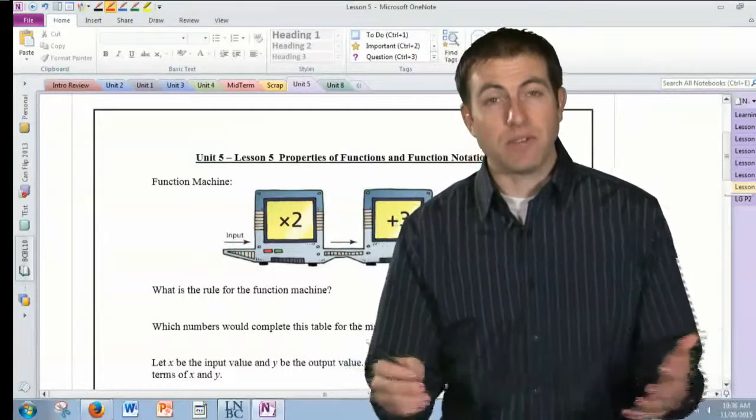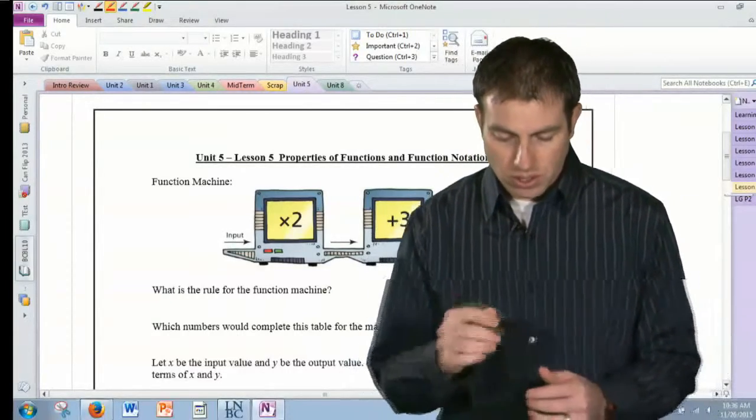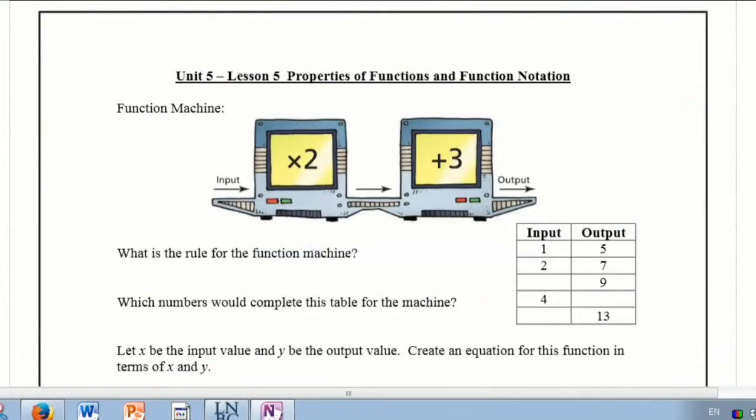There's this idea of a function machine, and when I first started talking about functions, I was talking about a black box where you just had an input and it gives you some output. This function machine, or this black box, this is how one's actually telling us what the function is. So it's saying, okay, you can give me an input, any number you want. It goes in, I'm going to multiply it by 2, and then add 3 to it, and then you're going to get an output.